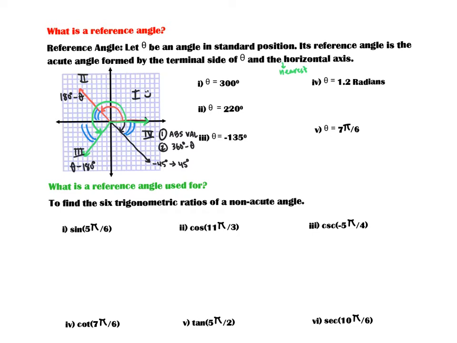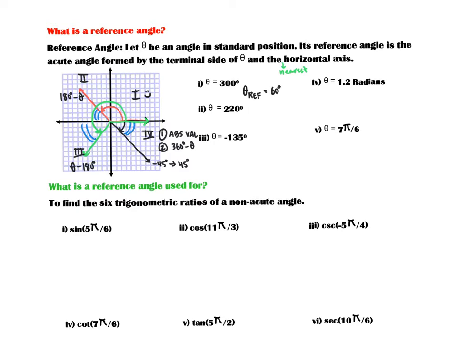Anytime you have a negative angle, you're going to have to take its absolute value first in order to work with that. So we'll see that in problem number 3 in a second. So if I have an angle of 300 degrees, its reference angle, I'm going to call it theta ref, is going to be 360 minus 300, which would be 60 degrees.